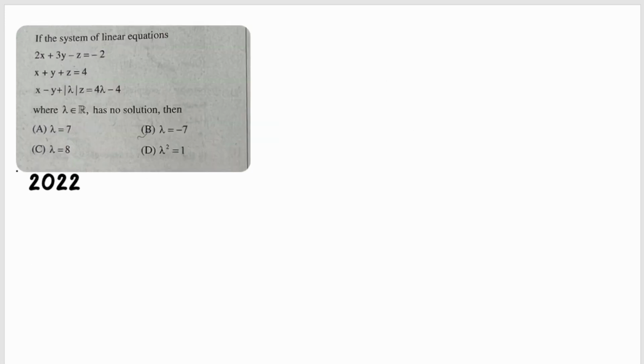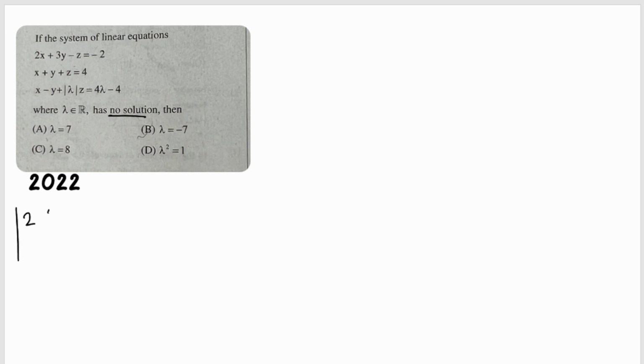Okay. Moving on to the next question. In this question, it's no solution again. No solution means inconsistent. Okay, for that first you need to find, they're asking what's the value of lambda. For finding lambda, you need to find the determinant.